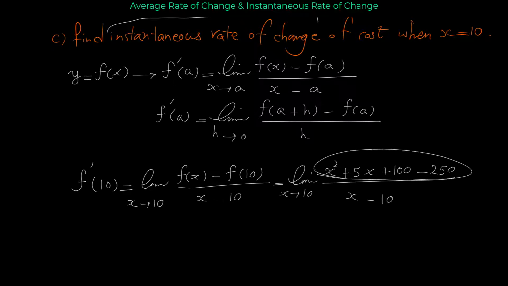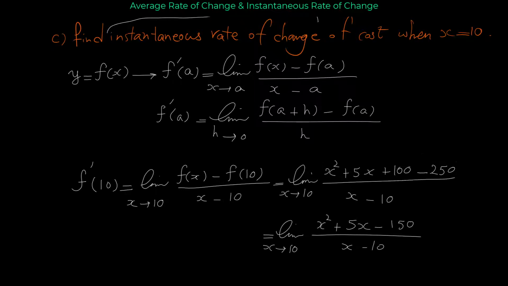If we simplify this numerator, we have limit of x to the 2 plus 5x minus 150 over x minus 10 as x approaches 10. For finding this limit, if you try direct substitution, if you plug in 10 in numerator and in denominator, you are going to see that numerator is 0, denominator is 0, so direct substitution doesn't work for finding this limit.